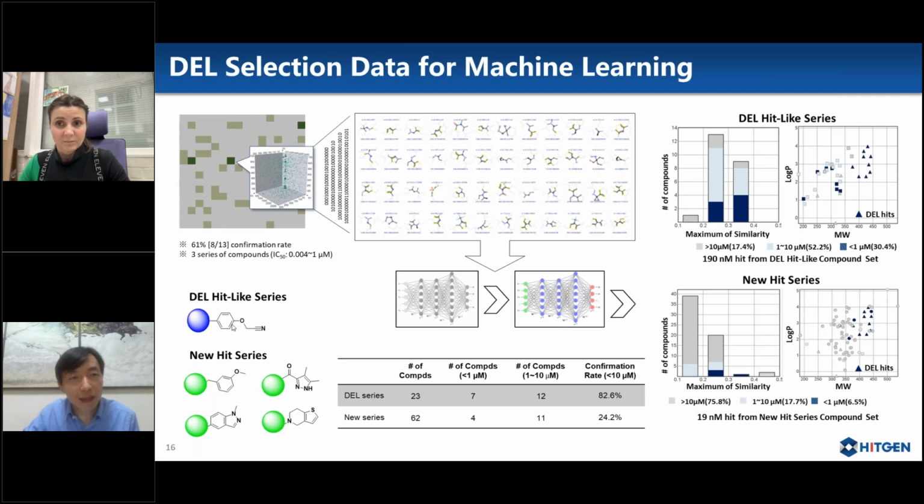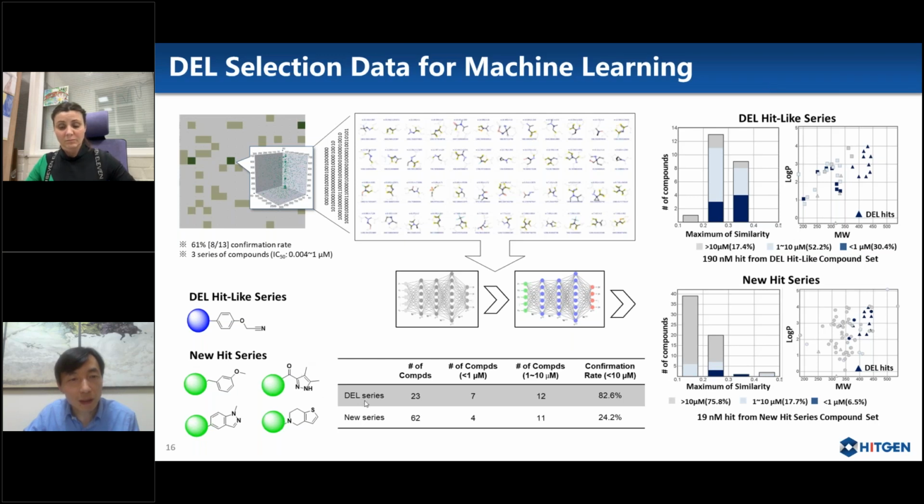We can also see that all of these 13 compounds have enriched building blocks, this kind of cyanide group. So we use this post-selection data as a starting point for AI machine learning to predict compounds commercially available from vendors. After that, we found 2 series of compounds.